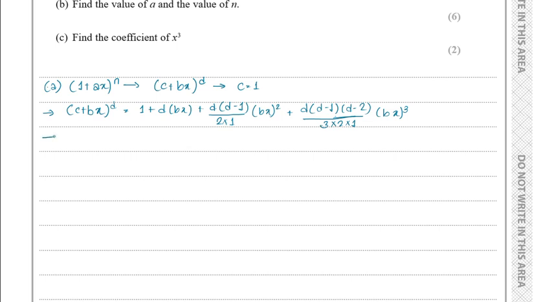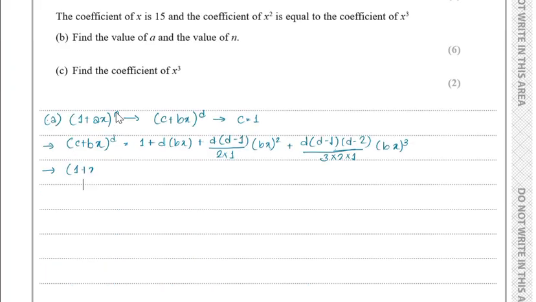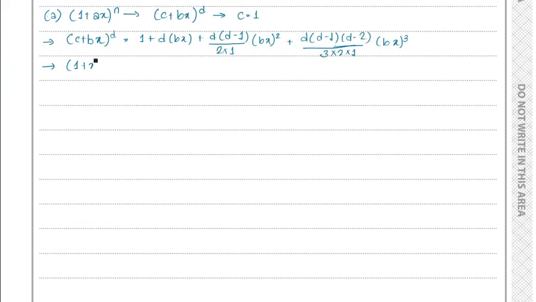So for the given expression, 1 plus ax, yeah, (1 + ax)^n, this would be where a is equal to b, c is equal to 1 and n is equal to d.